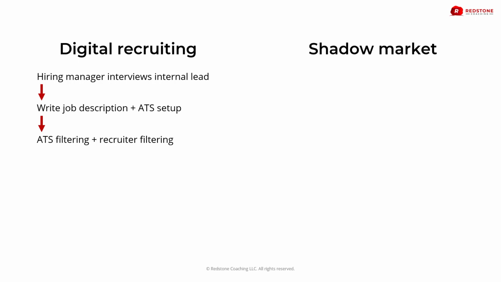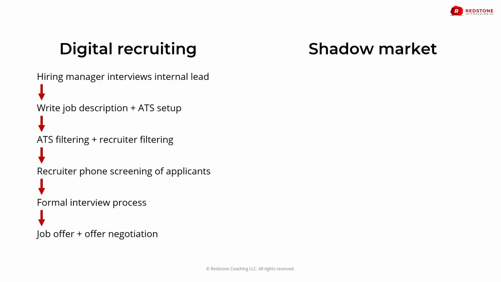Well, that still leaves 30%, or 300. The recruiter then manually has to go through all of those to figure out who he or she wants to actually talk to. So then the recruiter is going to have to set up phone screens for applicants, and then eventually there's going to be the formal interview process, and then they'll extend an offer to who they believe is the top candidate.